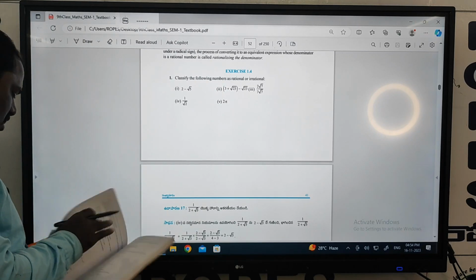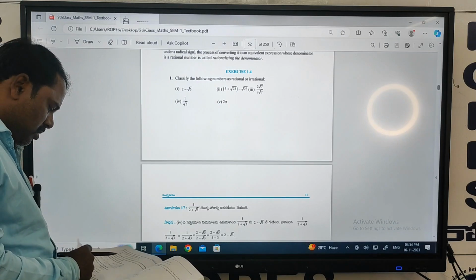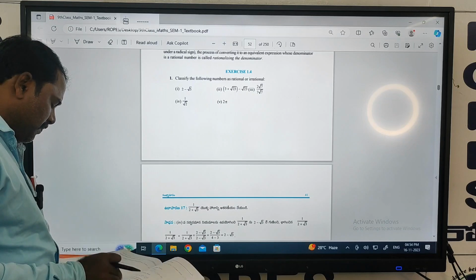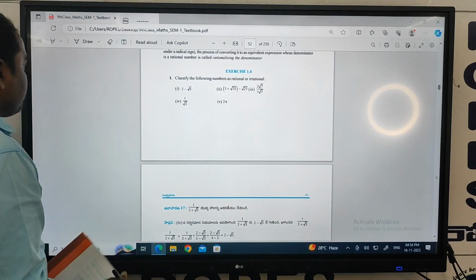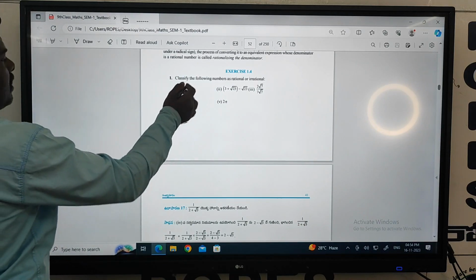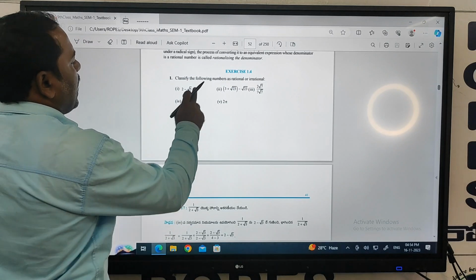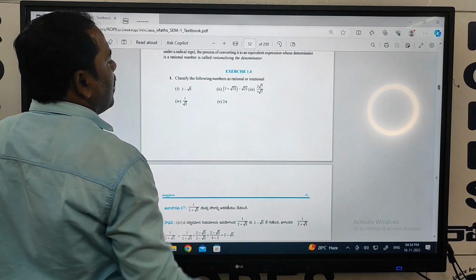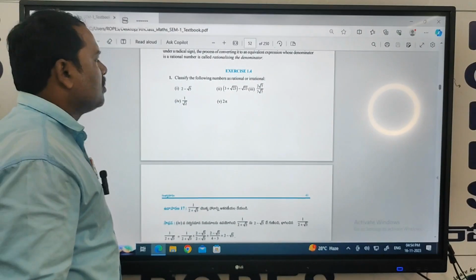In exercise 1.4, classify the following numbers as rational or irrational. That is what we have to classify.